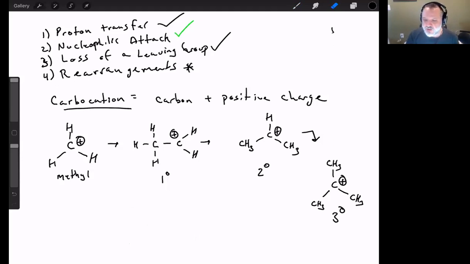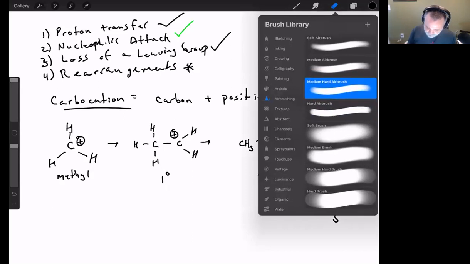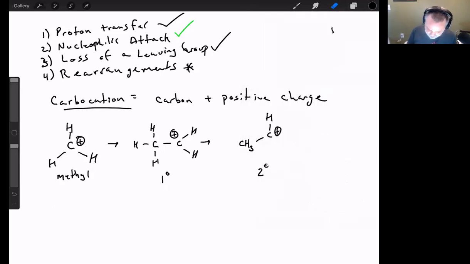Then it goes primary, then secondary, and then tertiary. So the next part of the lecture is to discuss why it is that a cation that is connected to more carbons would be more stable than a cation that's connected to no carbons. And so what that's going to require me to do is redraw.